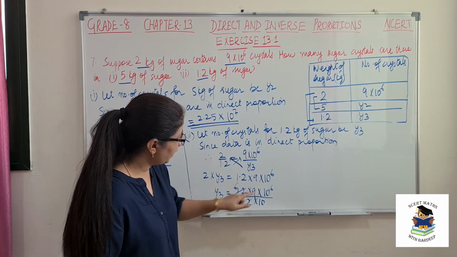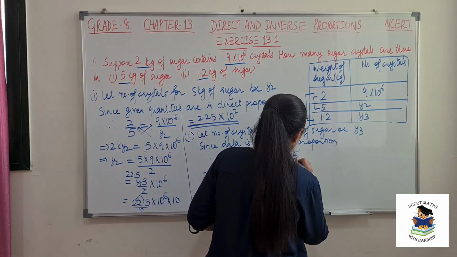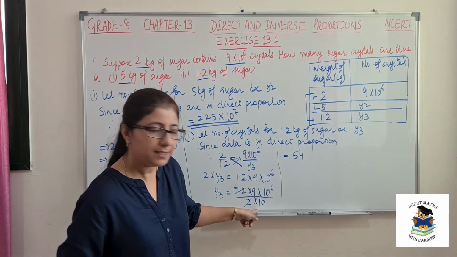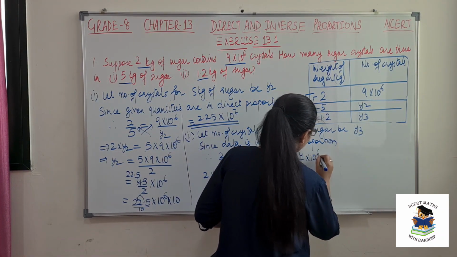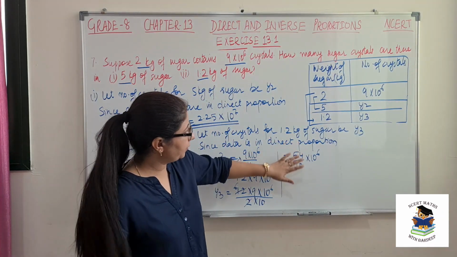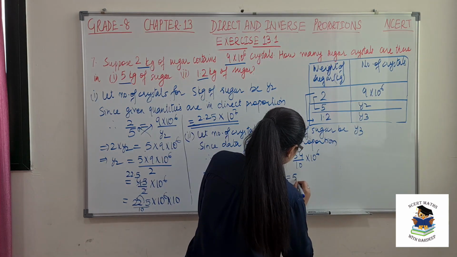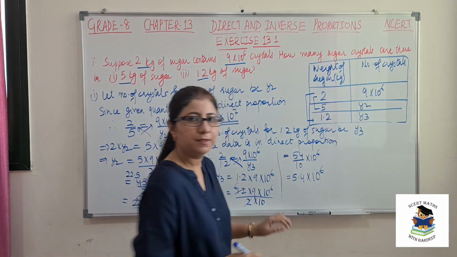So 6 into 9 is 54. So we will have 54 over this 10 into 10 raised to power 6. So 54 by 10 will be written as 5.4 into 10 raised to power 6.